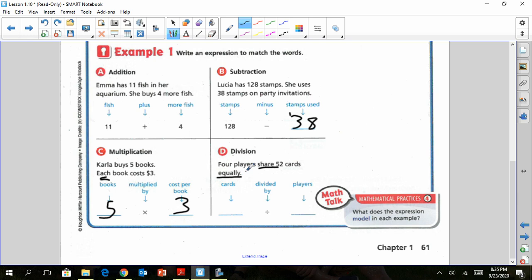Is it the 4 players? Or are the 52 cards being separated? The 52 cards are what are being separated, so that goes first. So we have 52 divided by 4 players. 52 divided by 4 would be the expression. And because it's an expression, we are not going to solve it.